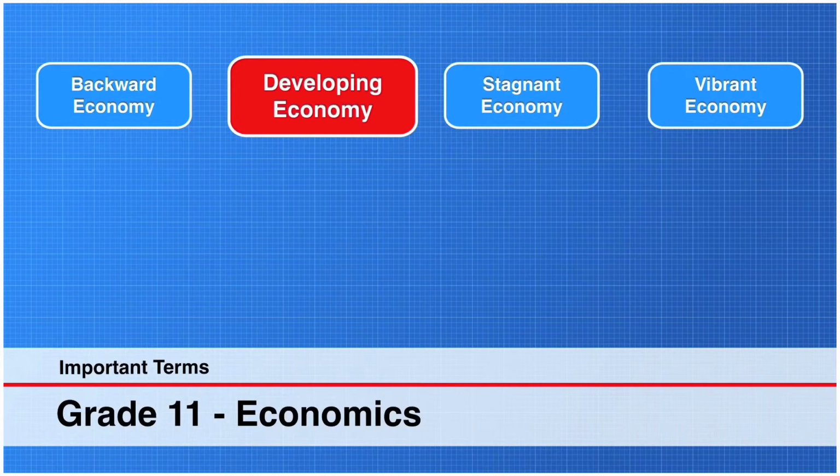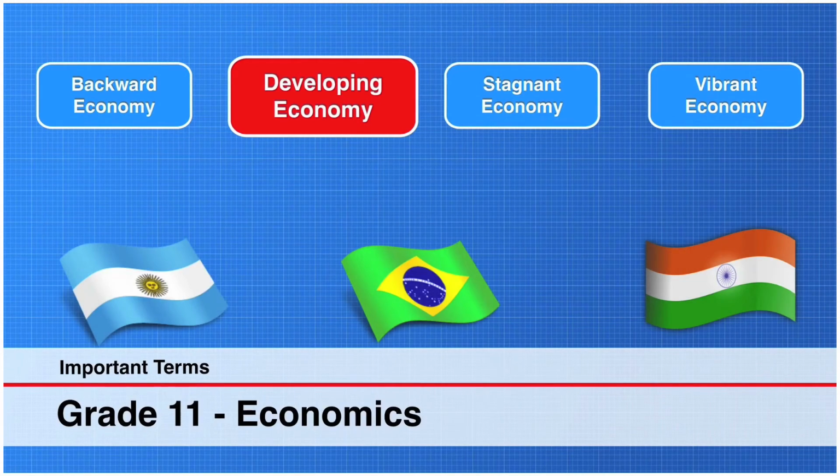This is what usually happens after an economy goes out of being a backward economy. So you can think of these two as being directly linked to each other. First, we're a backward economy, and then we improve and we become a developing economy. Modern day examples of a developing economy are Argentina, Brazil, and India.